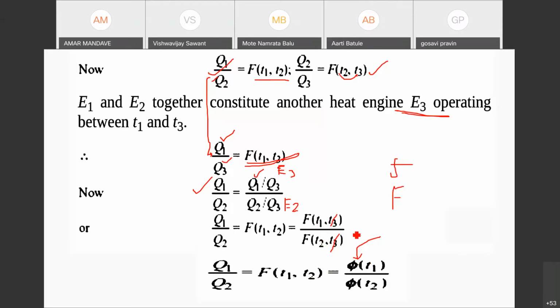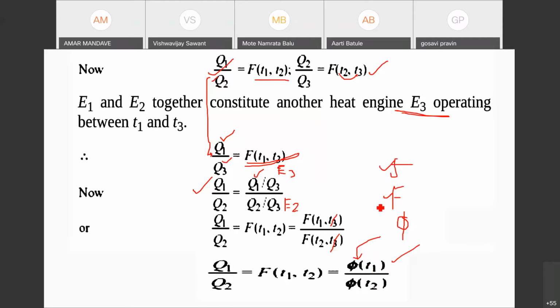When we cancel out the T3, it gives us a new function, denoted by psi. So Q1 upon Q2 is psi of T1 upon psi of T2. Those are different functions than the second one and the first one. So we are just rearranging the terms.